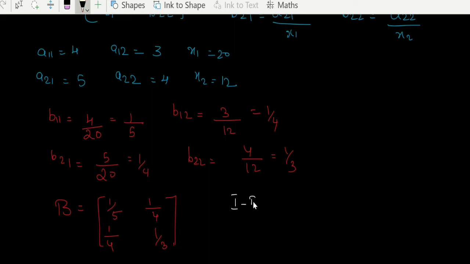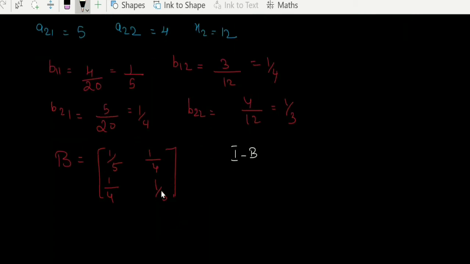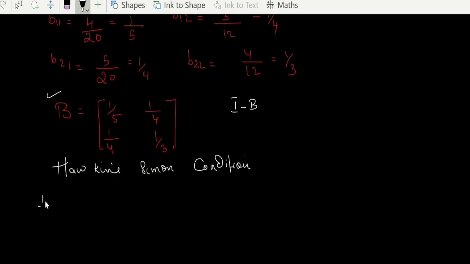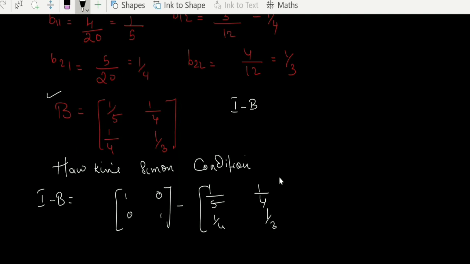I minus B, because you are going to check. So technology matrix is over. Now we have to check the Hawkins-Simon condition. To check the Hawkins-Simon condition, we have to find I minus B. So I minus B is nothing but the matrix 1 0 0 1 minus the matrix B, 1 by 5, 1 by 4, 1 by 4, 1 by 3.